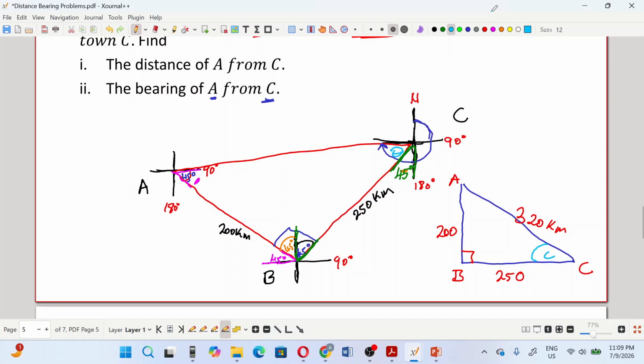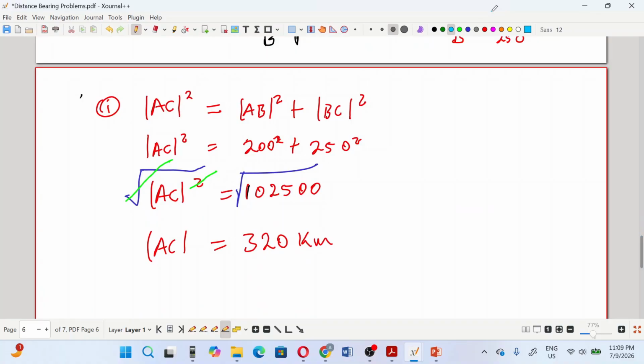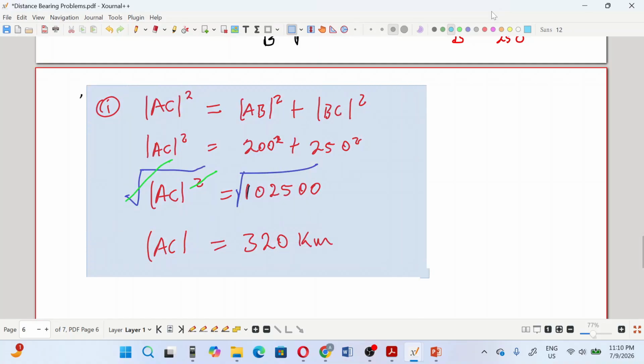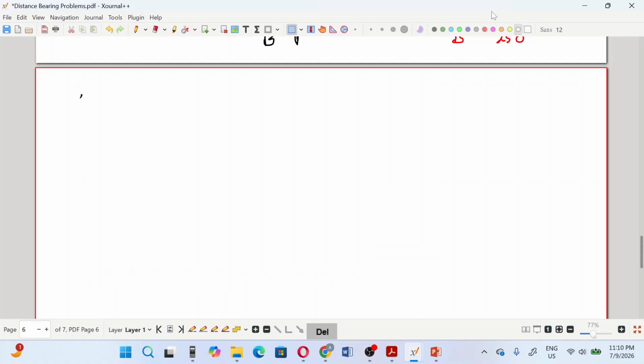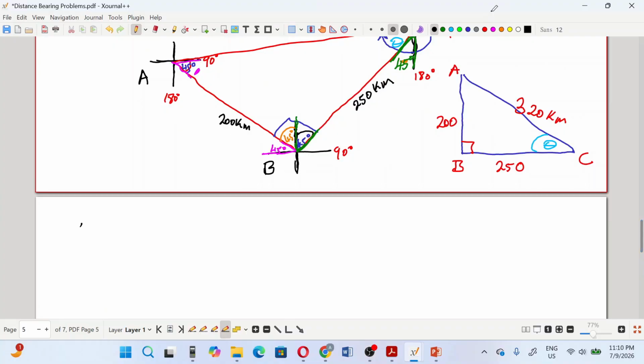So when I come here, I'm looking for this theta. Right? So here, let me clean what we have here. So we now have this, we want to look for theta. This is part II, and we have to look for theta.